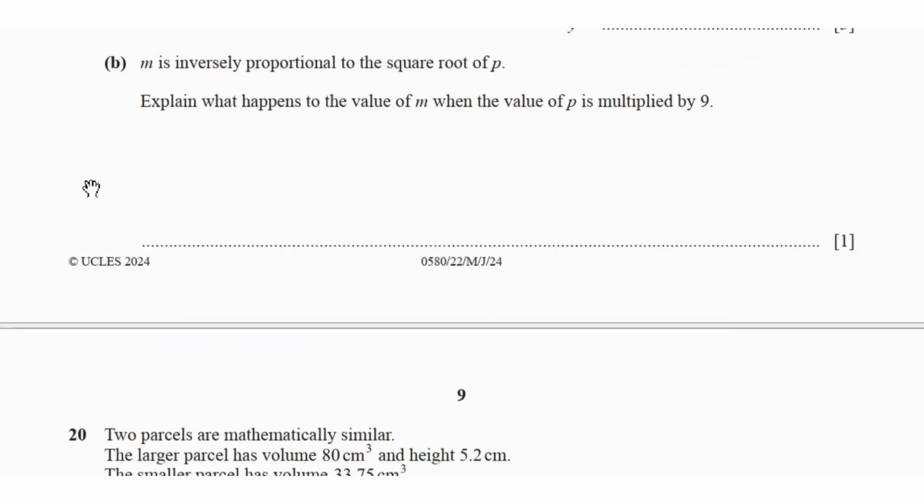Part B says m is inversely proportional to the square root of p. Explain what happens to the value of m when the value of p is multiplied by 9. So m is inversely proportional, that means it's going to be 1 over square root of p, which is basically m equals k over root p.